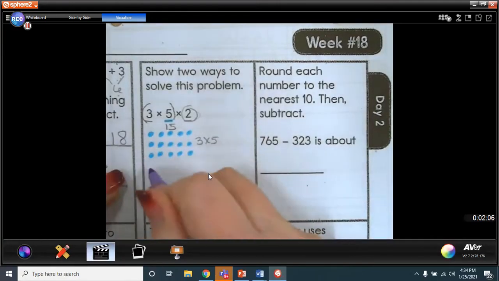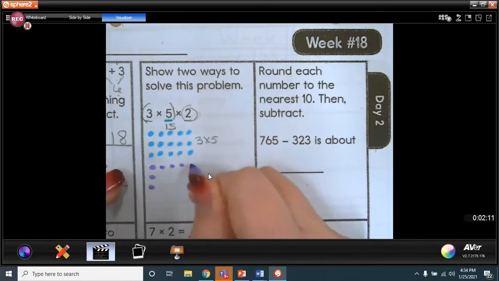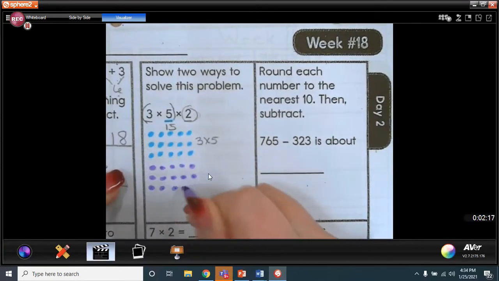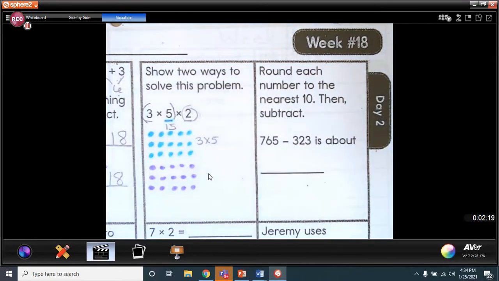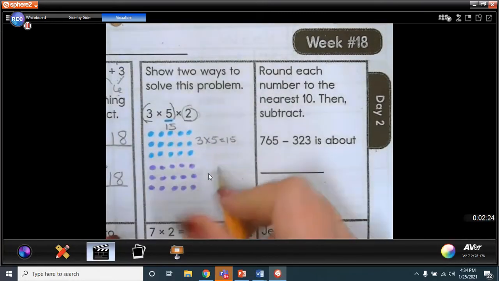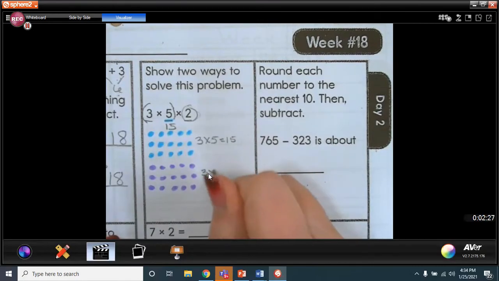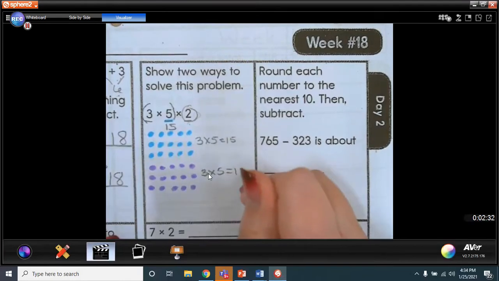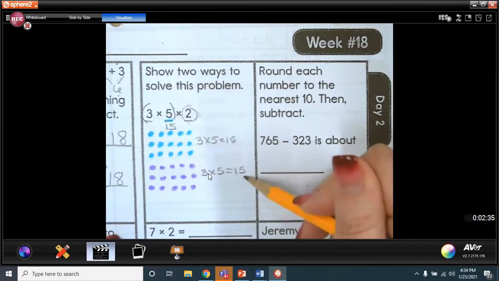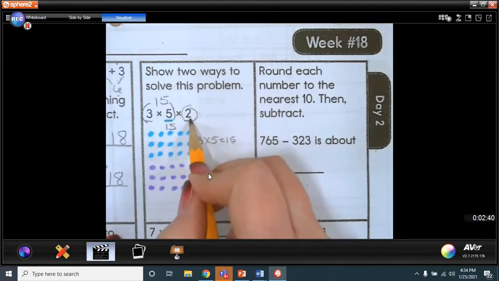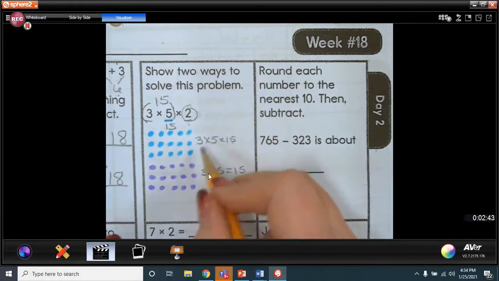So I'm drawing myself another 3 groups of 5, and this is 15. And now that I've done it twice, because that's how many times I'm being asked to do this, I know that this is 15 and 15 twice, because 2 groups of 15 is going to give me 30.